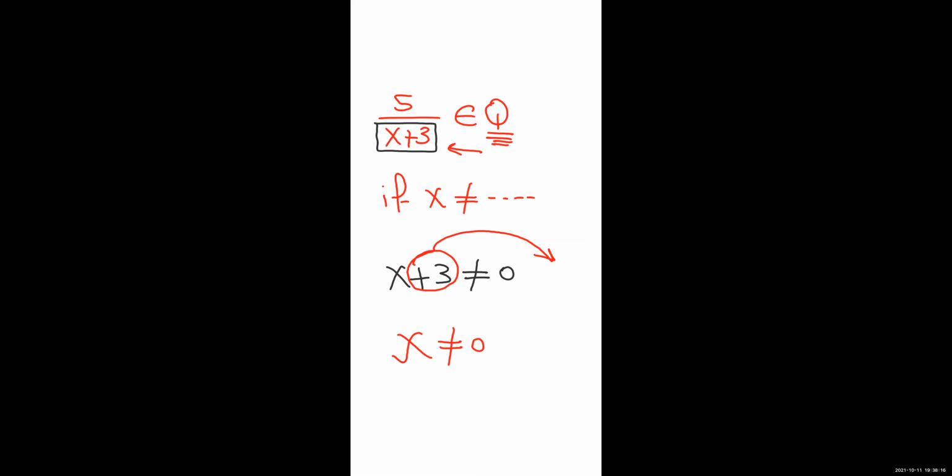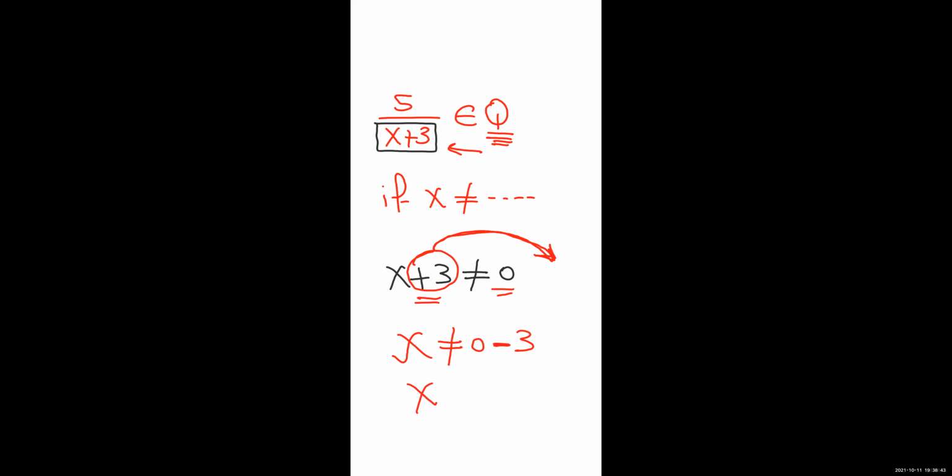Okay, so x plus 3 not equal to 0. So now shift this number to the other side and change its sign. So x not equal 0 minus 3.